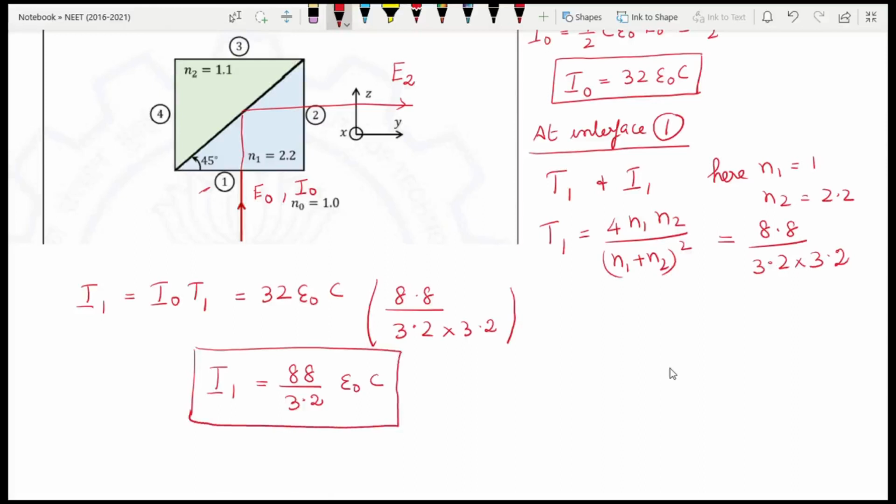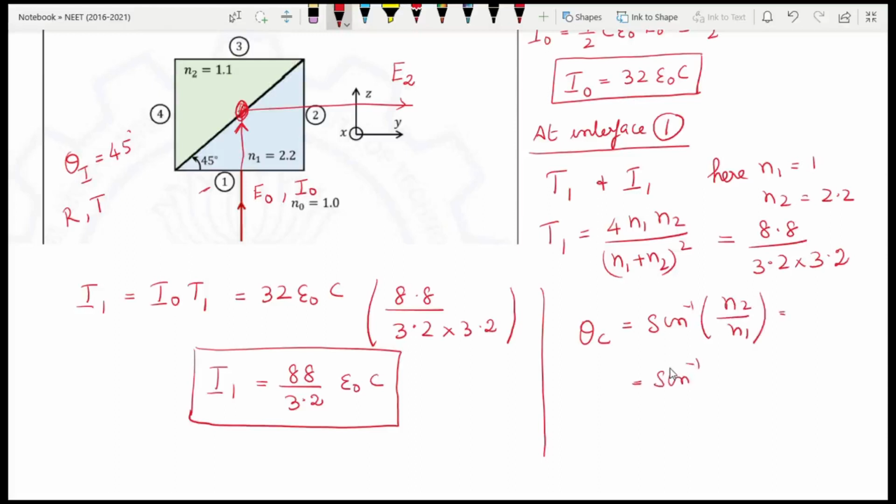Now we will go inside. What happens at this interface we will see. After entering inside, the incident angle at this phase is theta I equal to 45 degrees. Now we need to know whether the light is reflected or entirely transmitted. For that, first we will calculate the critical angle. Critical angle theta C is sine inverse of N2 divided by N1.